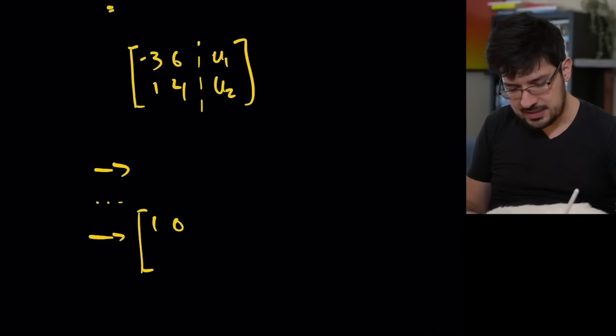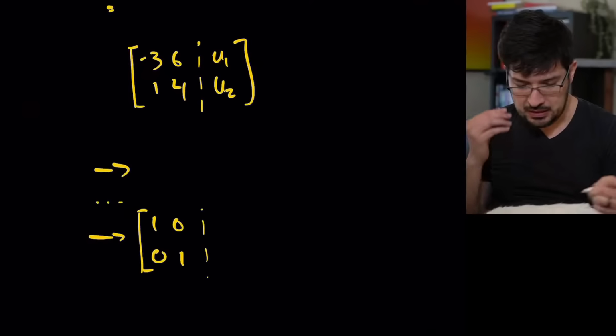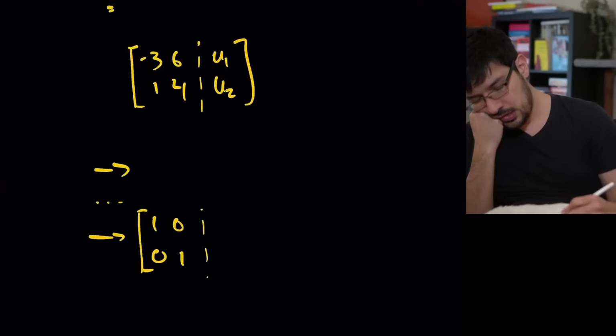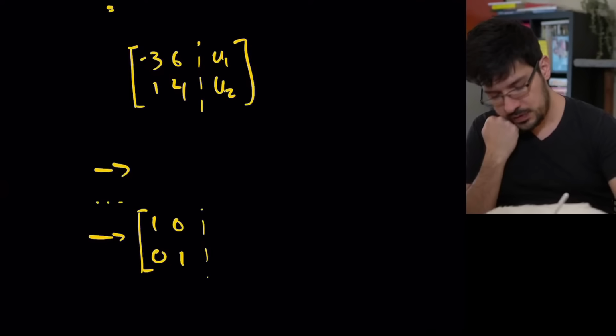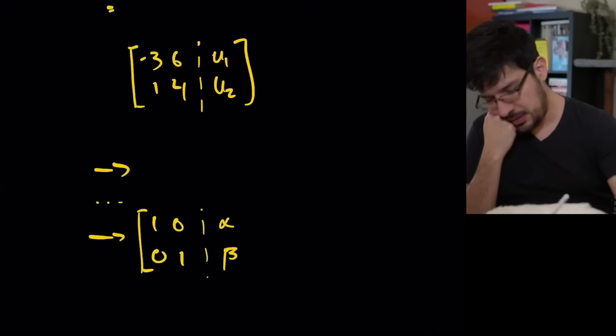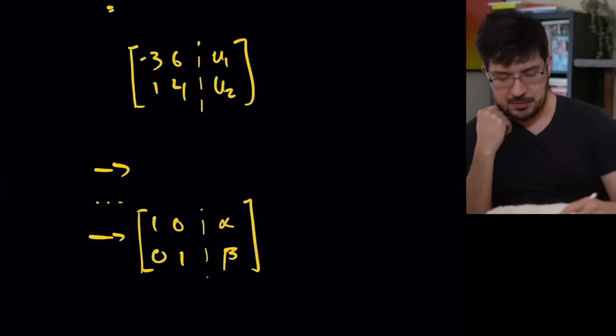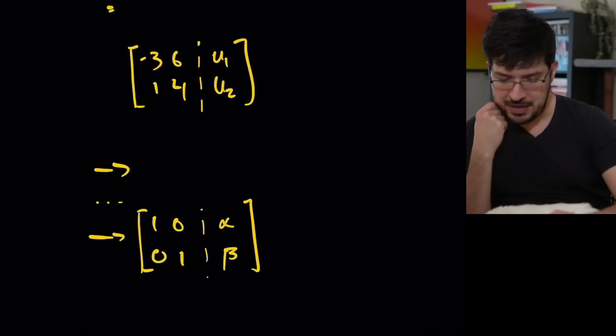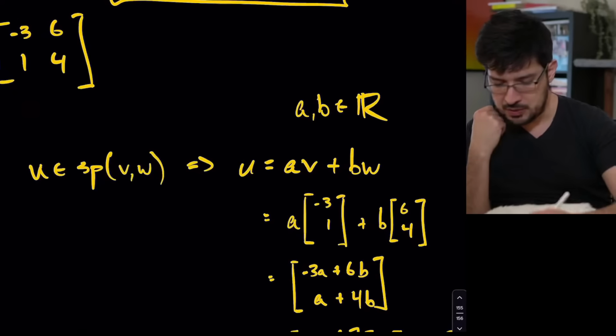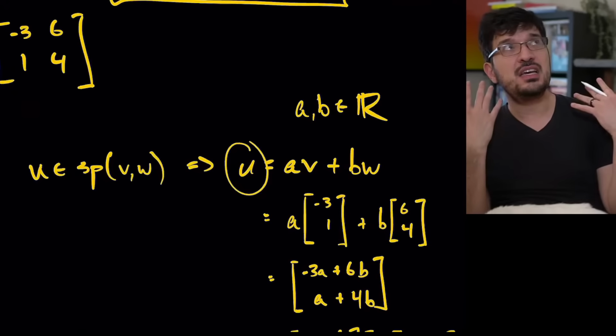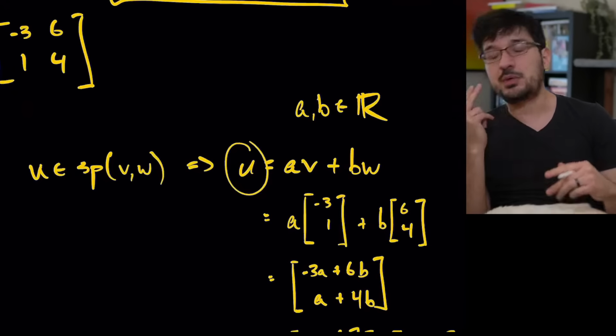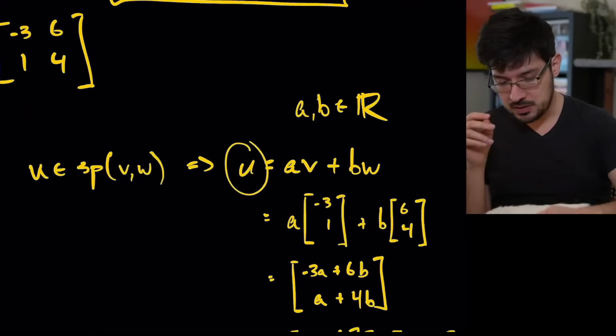1, 0, 0, 1, and on the right would be something and something else. I don't know, alpha and beta. We don't have a specific vector that we're trying to express as a combination of the two.